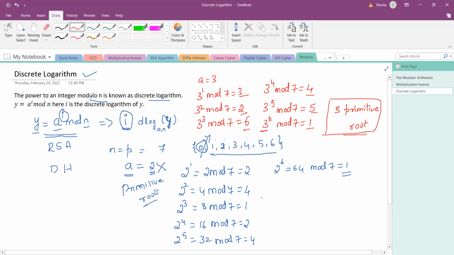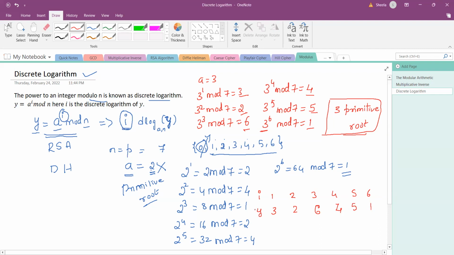Now let me write the table. The exponents i are 1, 2, 3, 4, 5, 6, and the number y is a to the power of i: 3 to the power of 1 is 3, 3 square is 2, 3 cube is 6, 3 raised to 4 is 4, 3 raised to 5 is 5, and this is 1.